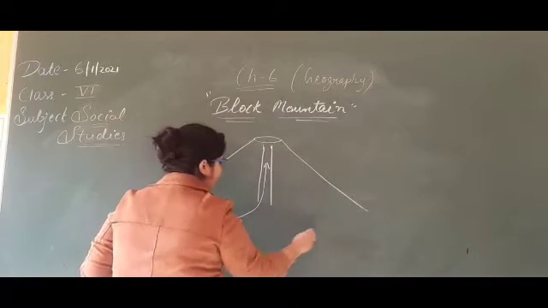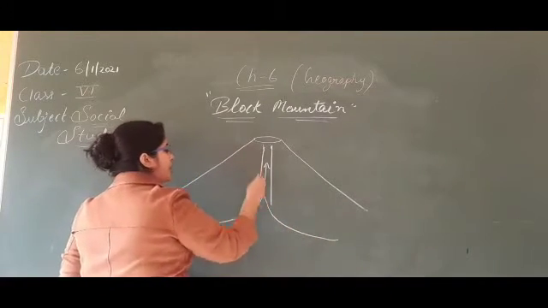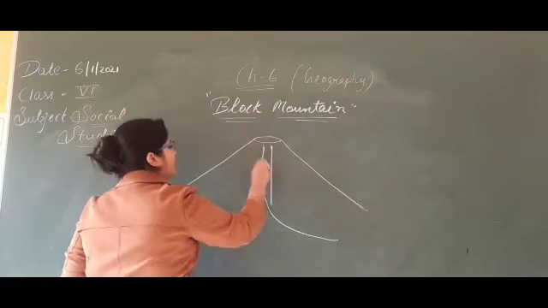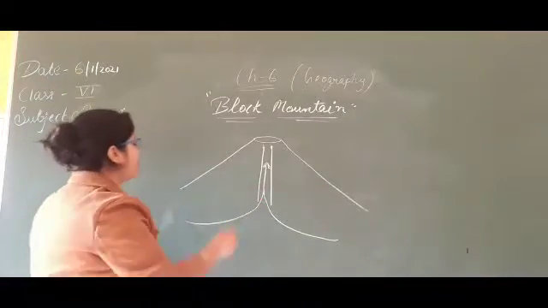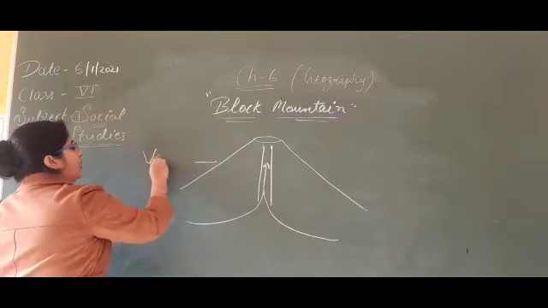Gases and lava make the pressure and form this type of landform, and this type of landform is known as volcanic mountain.